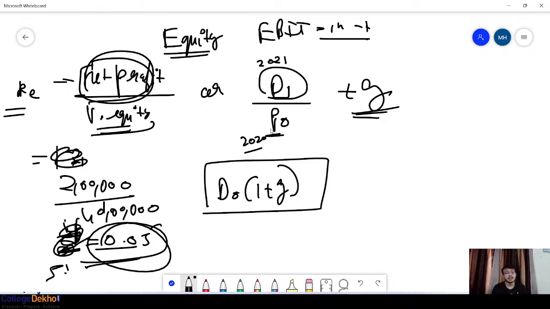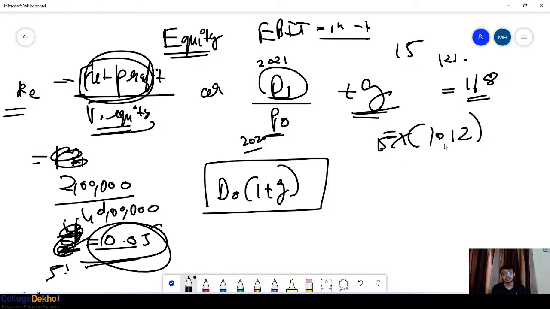राइट. Similarly, they will give you the dividend in the question, like they might give you 15, growth rate is 12%, current share price is like 168, calculate the cost of equity. अब इस डिविडेंड को पहले तुम्हें ग्रोथ रेट के हिसाब से ग्रो करना पड़ेगा. जब ग्रो करोगे तो 16.8 आ जाएगा. राइट.